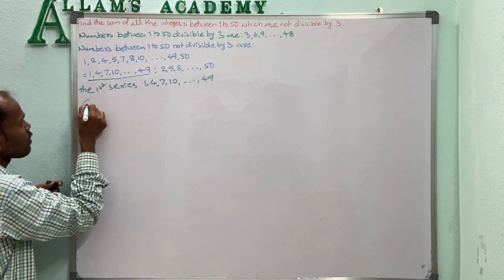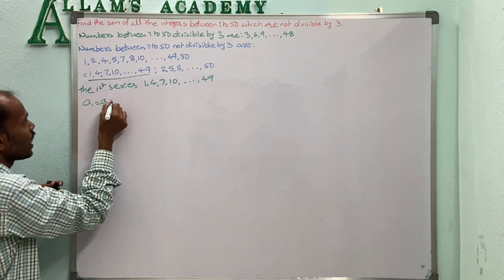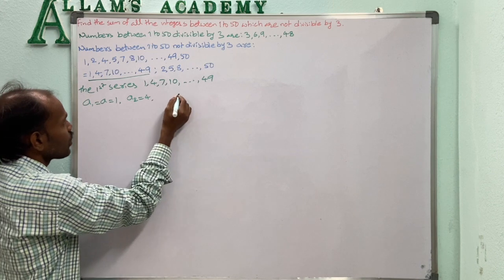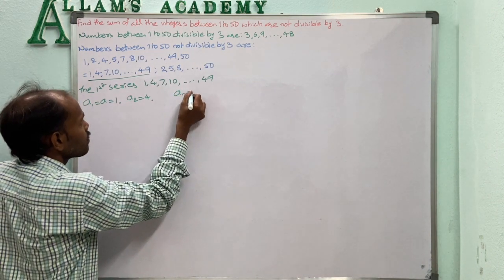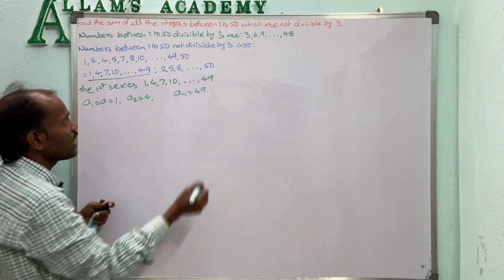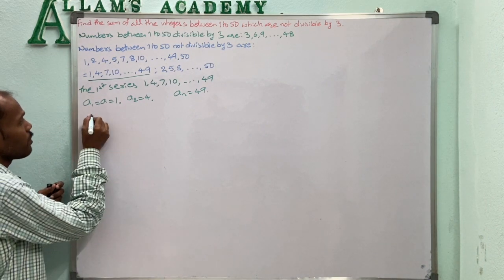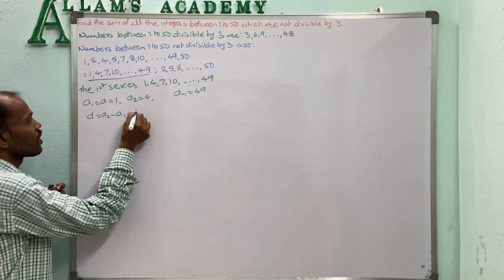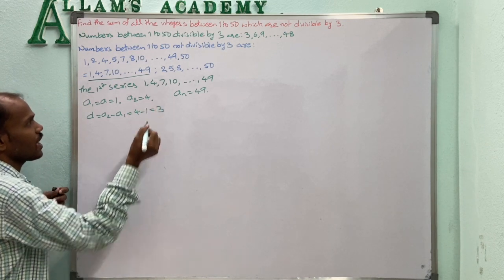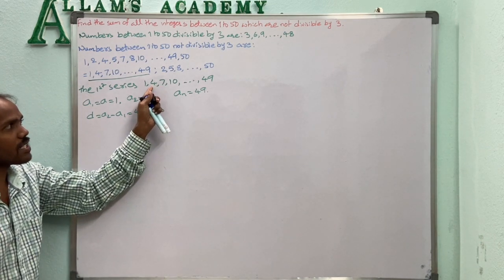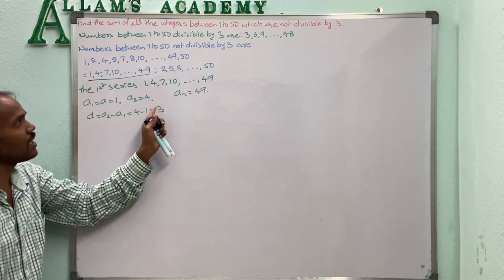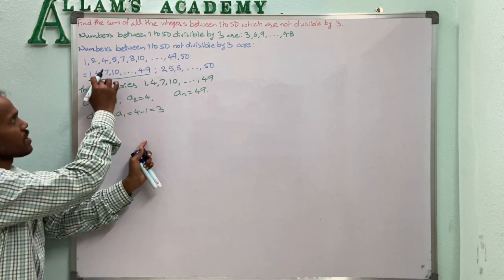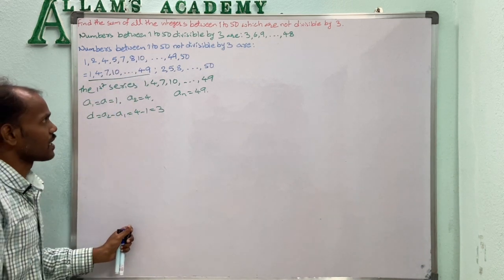The first term a1 is equal to a equal to 1, the second term a2 equal to 4, and the nth term an equal to 49. So now the common difference d is equal to a2 minus a1, that is 4 minus 1 equal to 3. If we do a3 minus a2, we also get 3. That means the common difference is 3.